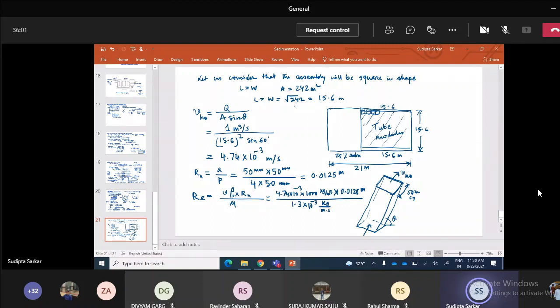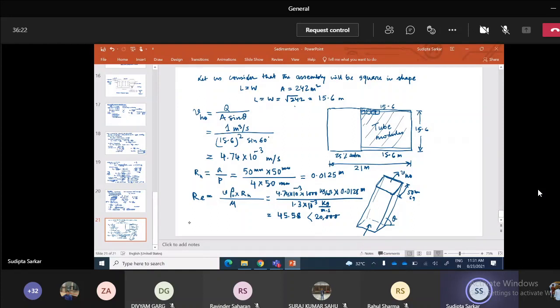When you do this, we have found this value equals 45.58, which is very much okay, because it should be below 20,000. So Reynolds number wise it is fine.